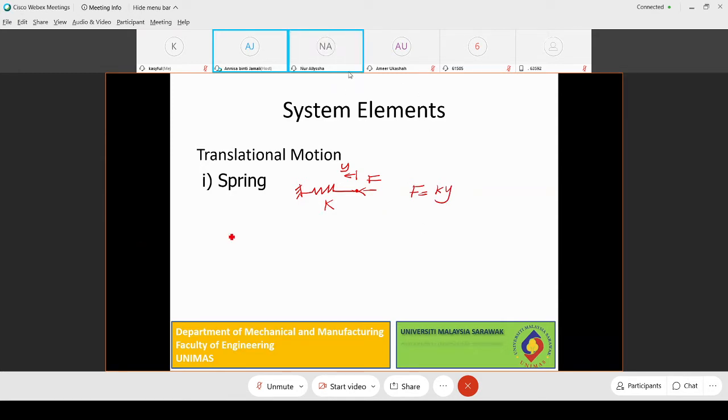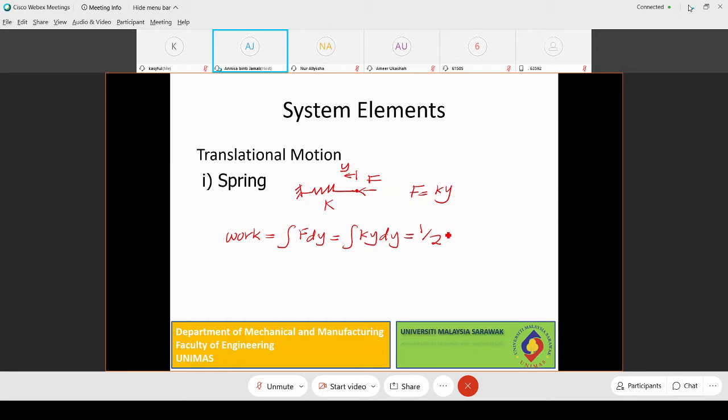What is the work done by the spring? We integrate the force F dy, where F is ky, dy.